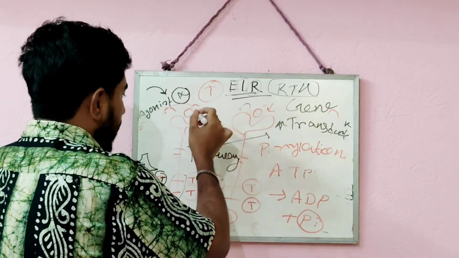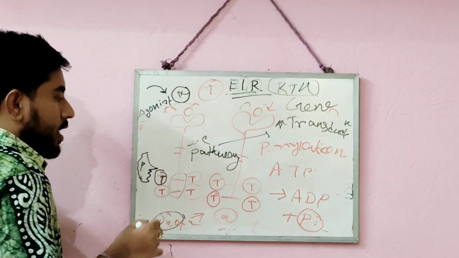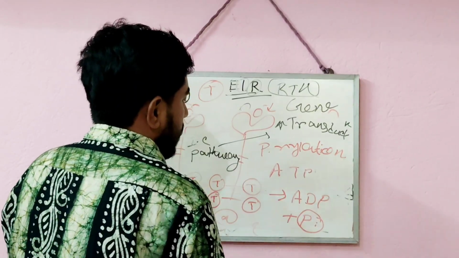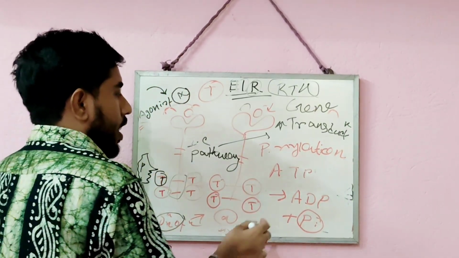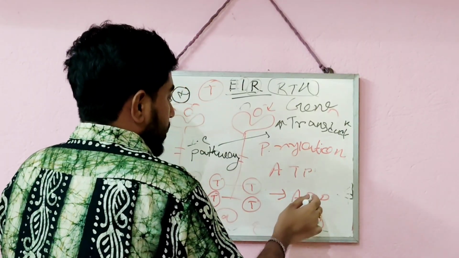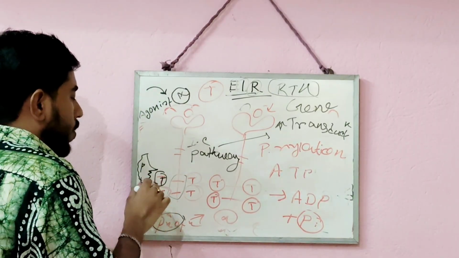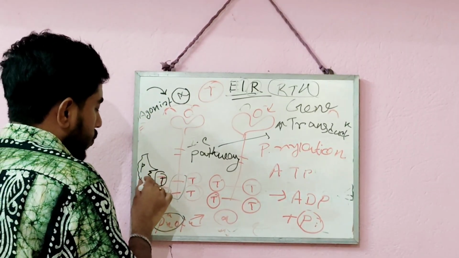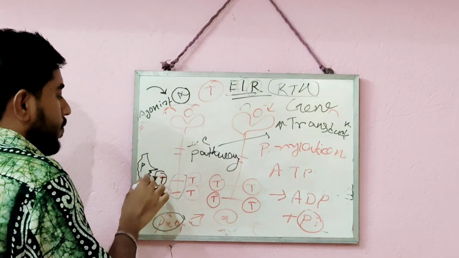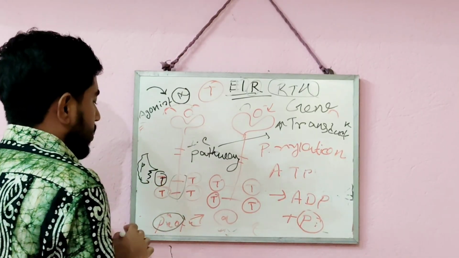When RTK binds with that receptor, it will cause the activation of the tyrosine enzyme. That tyrosine enzyme activation leads to the phosphorylation of ATP. That means ATP will be converted into adenosine diphosphate by releasing one phosphate. That conversion of ATP to ADP will cause the activation of protein, and the protein will come and bind with the tyrosine in the enzyme-linked internal domain, and they will form the tyrosine-protein complex.